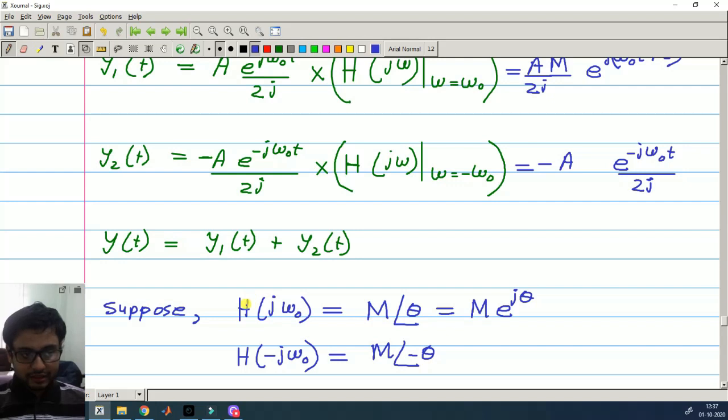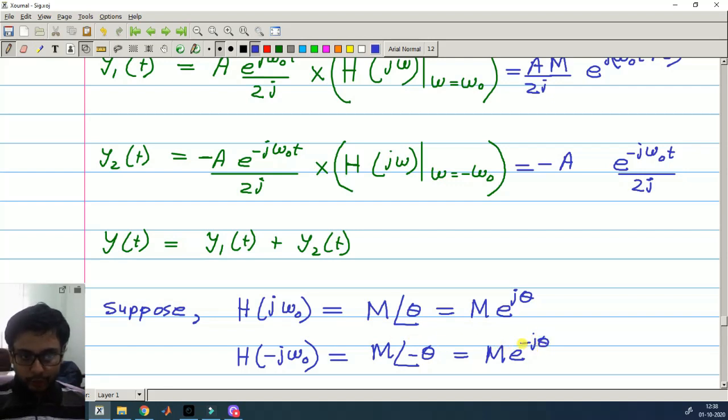The Fourier transform at minus omega naught is the complex conjugate of the Fourier transform at omega naught. So this is the complex conjugate of this. So it is equal to m e to the power minus j theta.